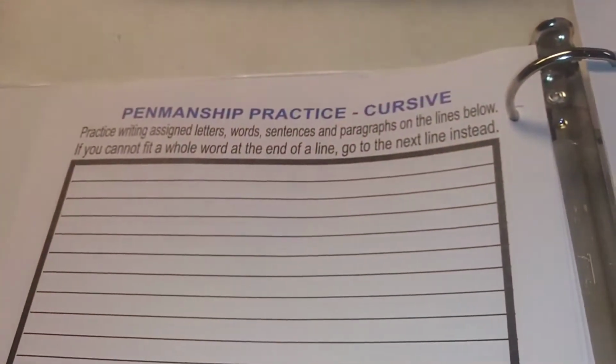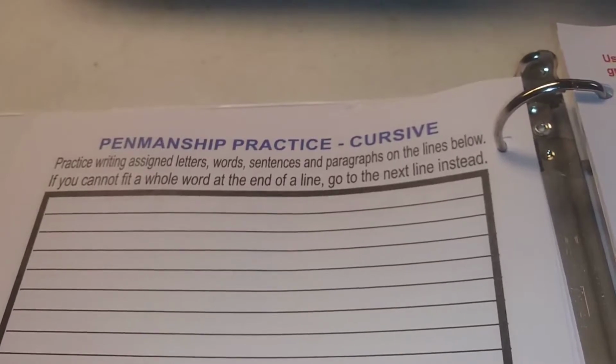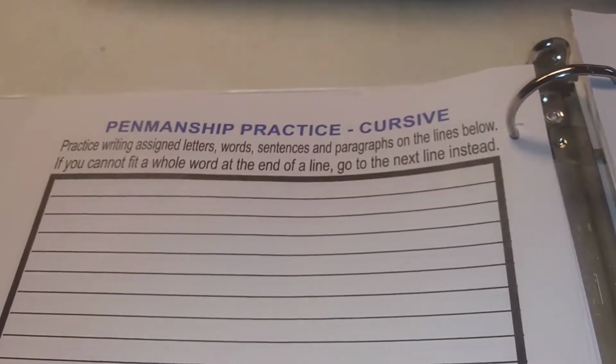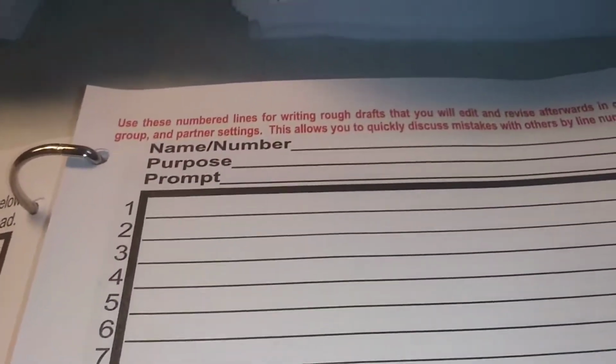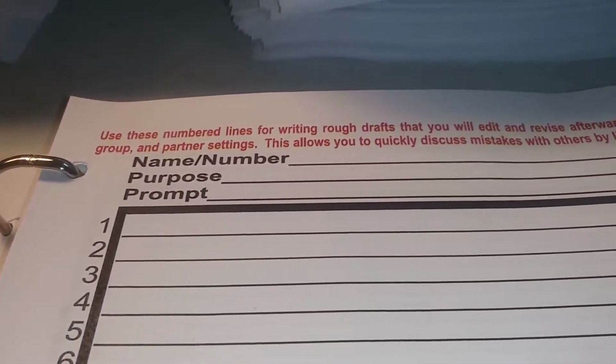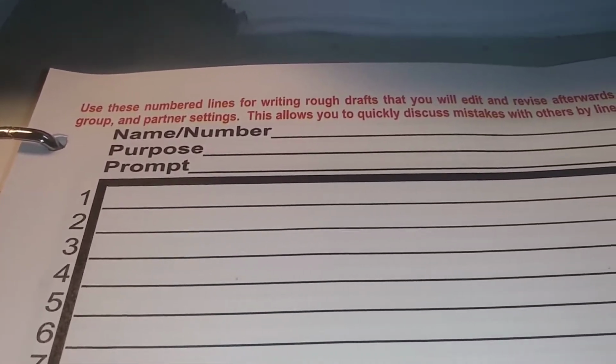Okay, and then you would have them go ahead and practice writing different things in cursive using that same STAR document, and then they're ready to start writing regular essays, short, medium, or long.